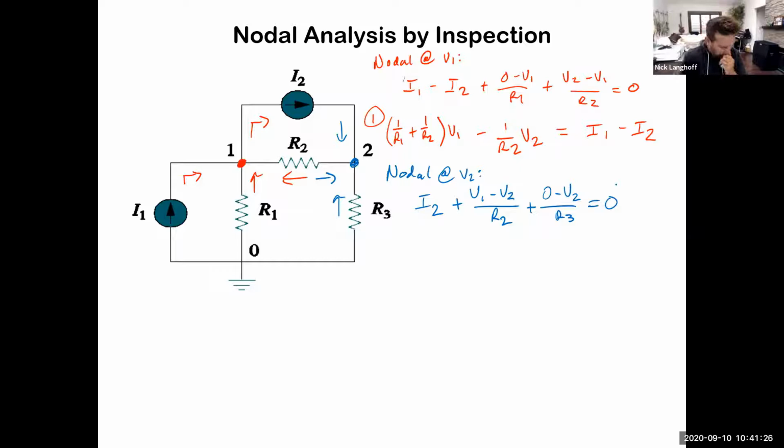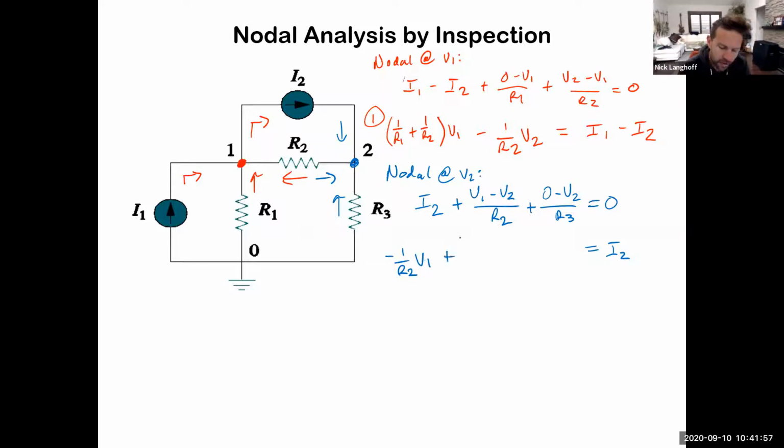Okay, so again, I'm going to multiply by -1 and move the other terms over to the other side. So we're going to get an I2 over here. And since I'm writing it that way, I'm going to flip the sign on the V1 and V2 terms. So notice that we get a V1 over R2, so this is a minus 1 over R2 times V1.